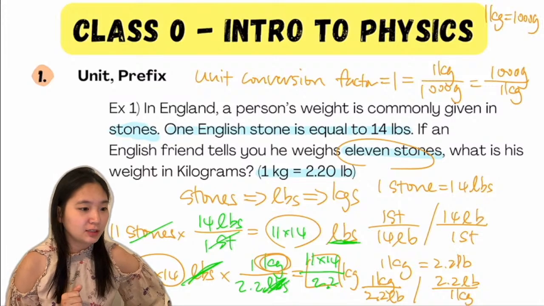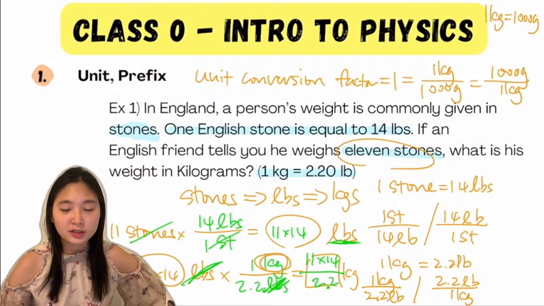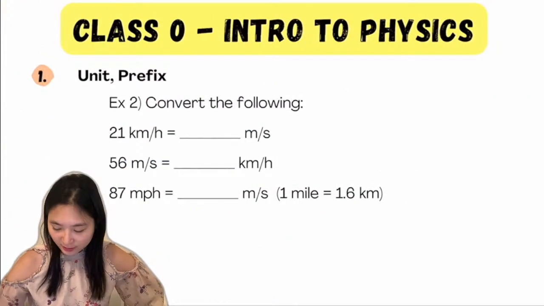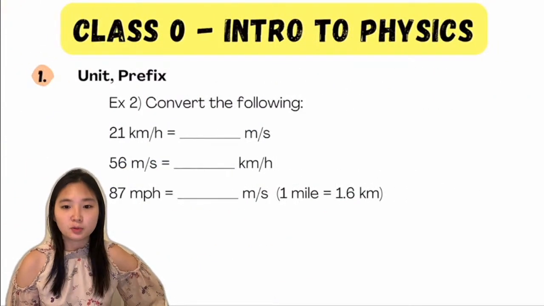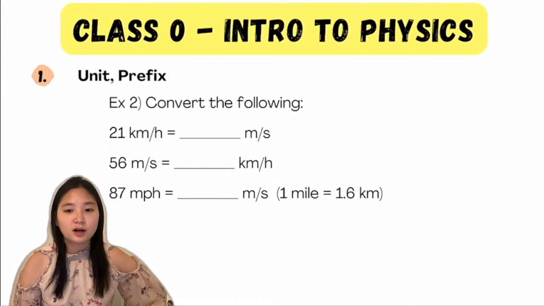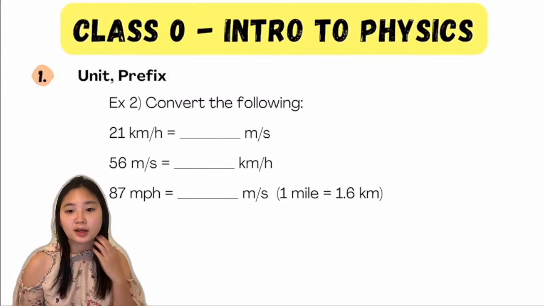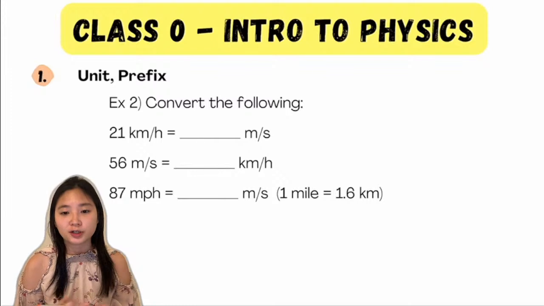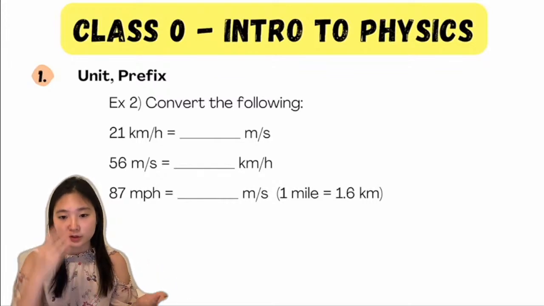That was the unit part. I just did one single, very simple example question for this unit conversion problem. And next, here are more example questions regarding unit conversion. This time, rather than converting between units of the same quantity, such as mass, I'm going to do multiple different types of unit conversion.